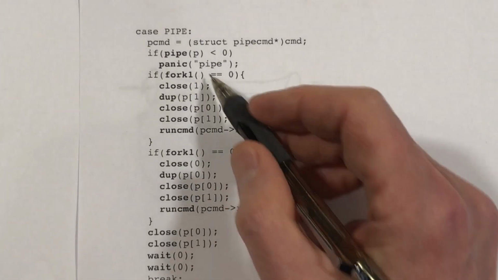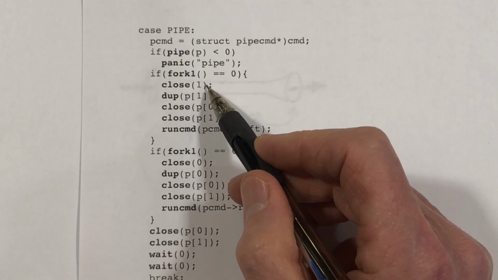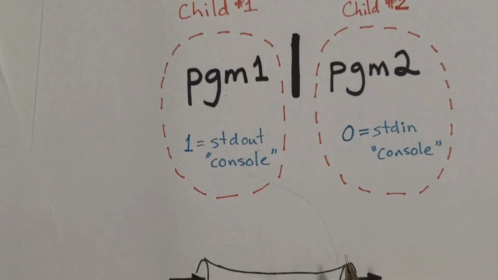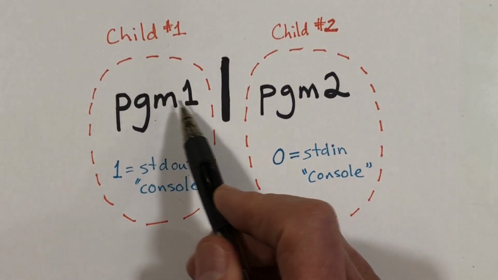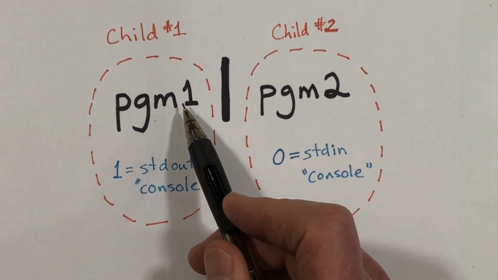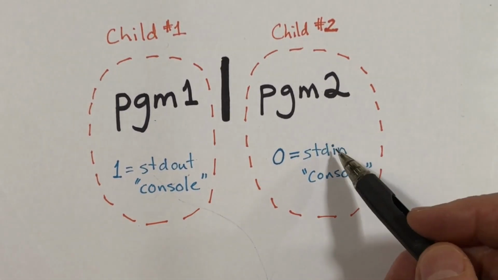Well, file descriptor 1 is the standard out. So we will close standard out, and then we call dup. Let's imagine that we've got two programs, program 1 and program 2, with the standard out of program 1 being piped to the standard in of program 2.